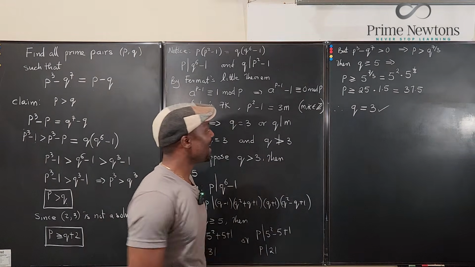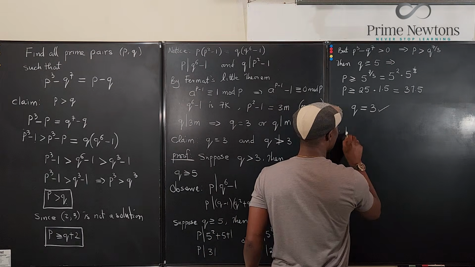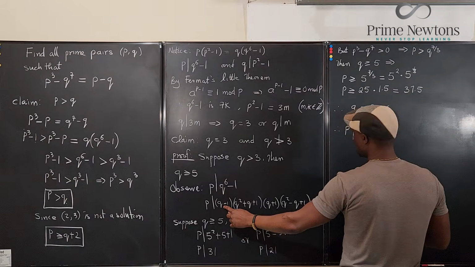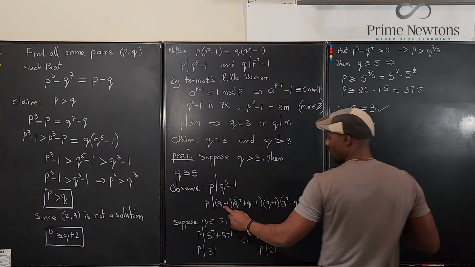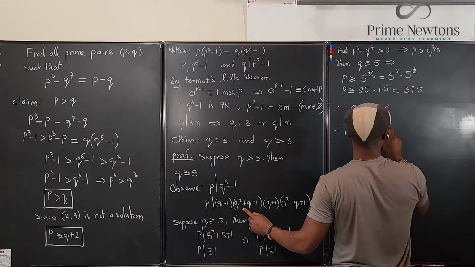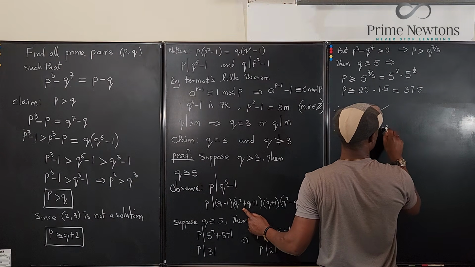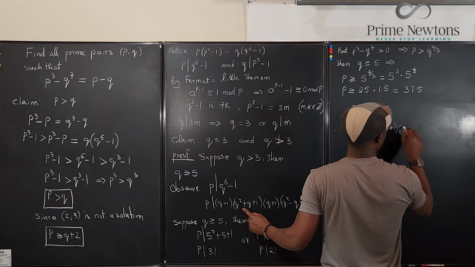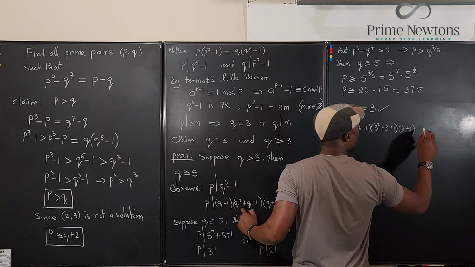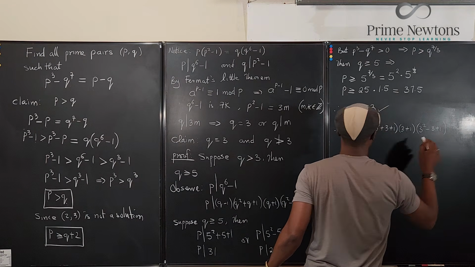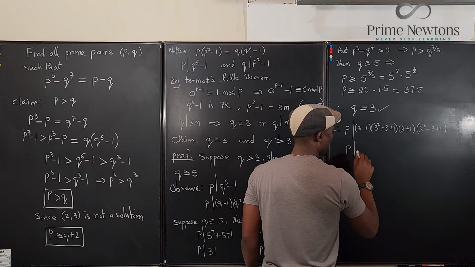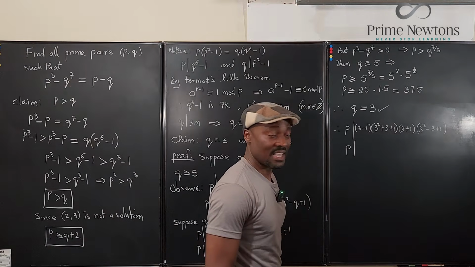So let's just plug it in. Therefore, p divides 3 minus 1, 3 squared plus 3 plus 1, 3 plus 1, 3 squared minus 3 plus 1. So p must divide one of these numbers. Let's get all the numbers out.